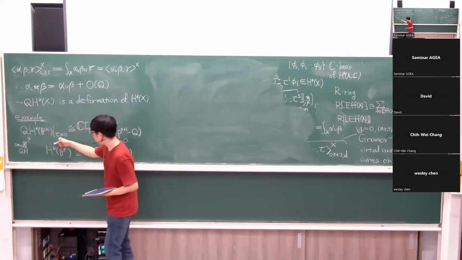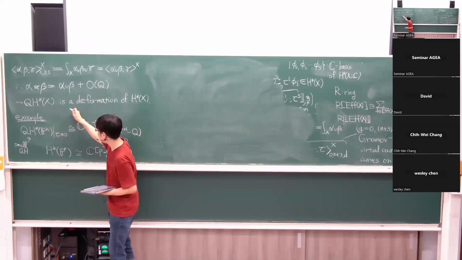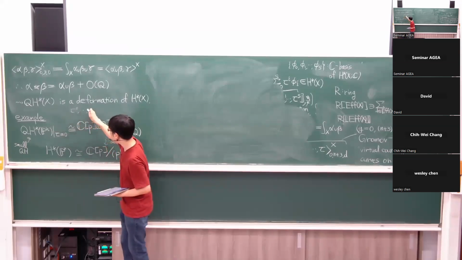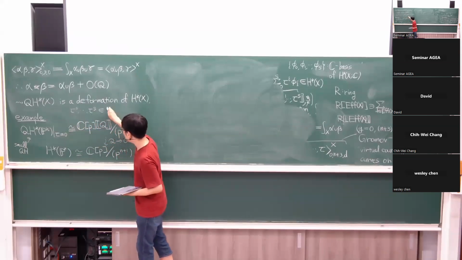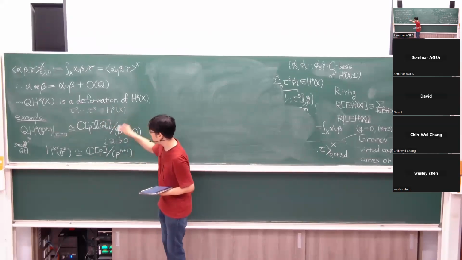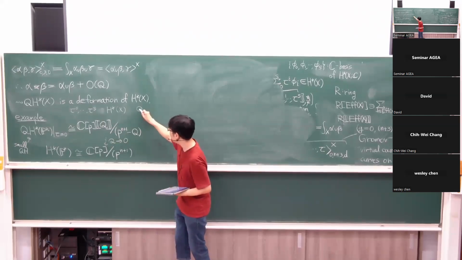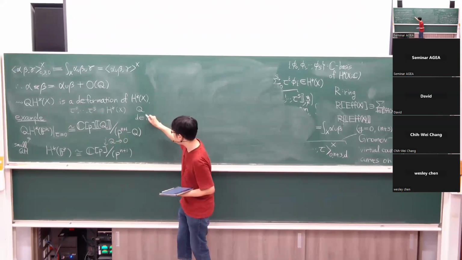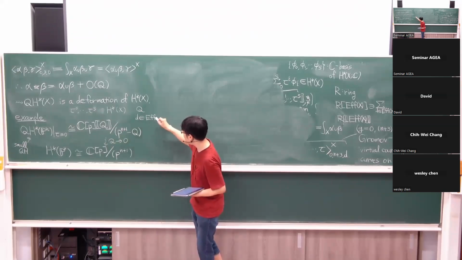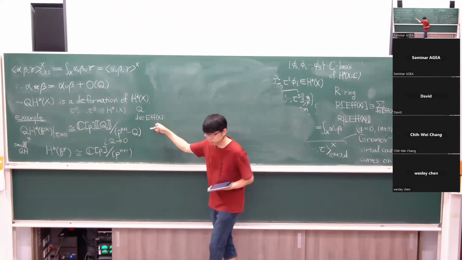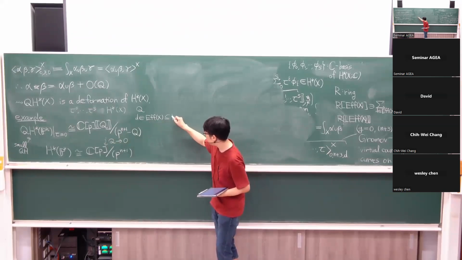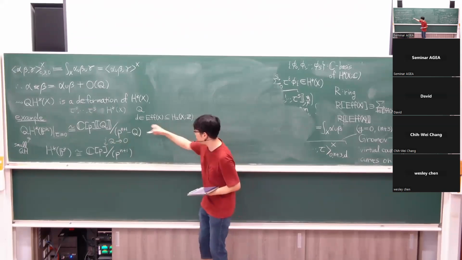So yeah, tau is a parameter for total cohomology, right? But Q corresponds to the second cohomology. Remember that D is an element of Fx, and this is a second homology class.